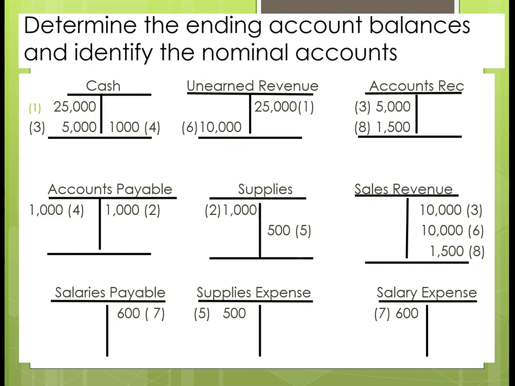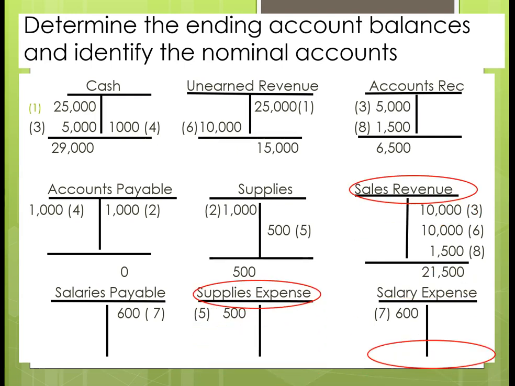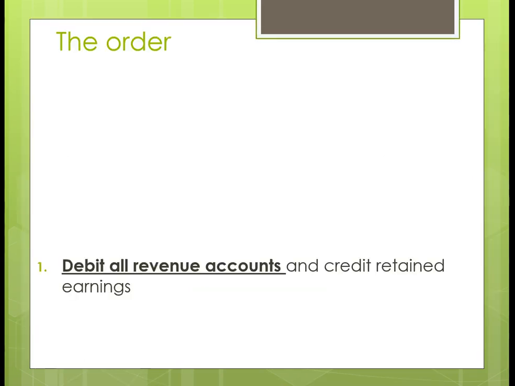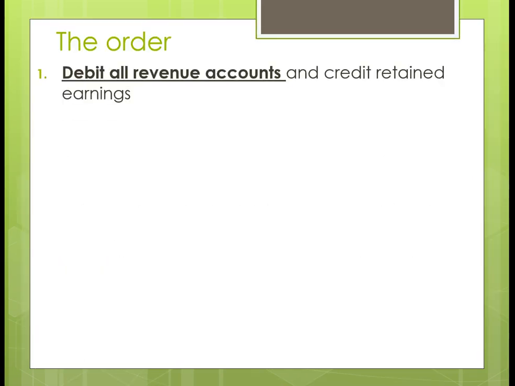So, first thing we're going to do is figure out our balances. And then we're going to identify our temporary accounts, which would be sales revenue, supplies, and salary expense. Now we can do our journal entries. The order is we always start with our revenue accounts.